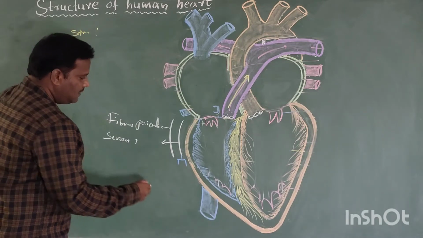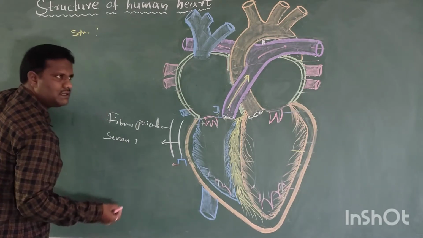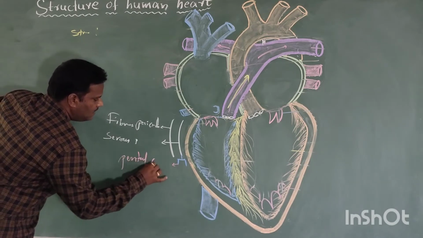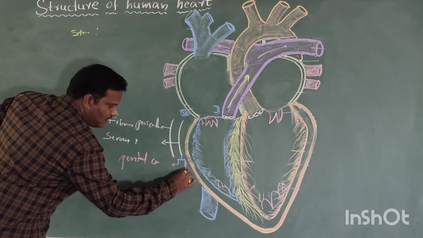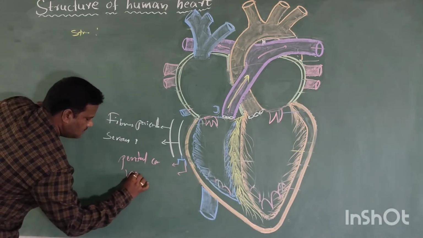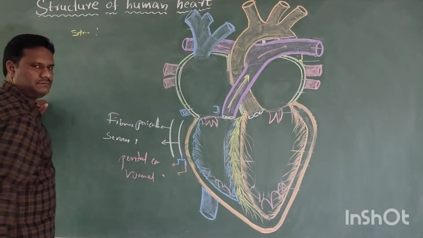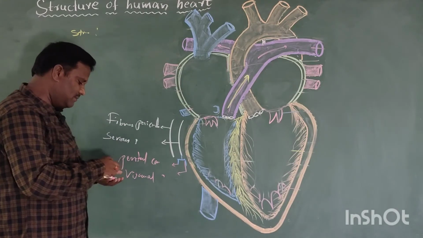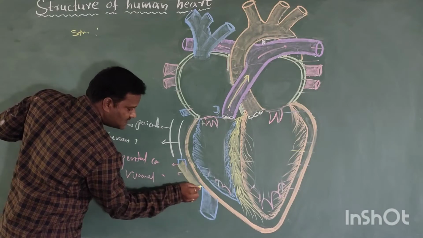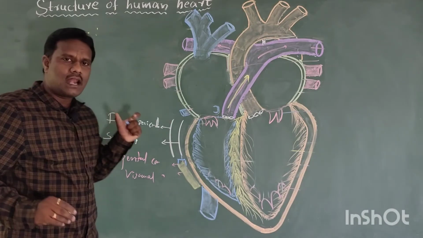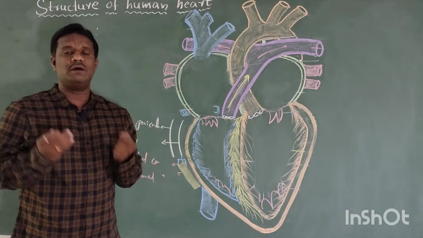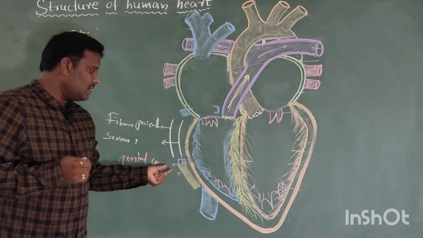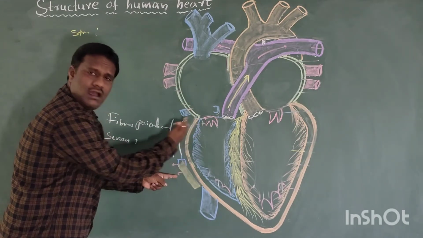The outer layer is called the parietal pericardium, and the inner layer is called the visceral pericardium. Between the parietal and visceral pericardium, some fluid is present. This fluid is called cardiac fluid. Whenever the human being or organism is damaged, this fluid protects the heart.